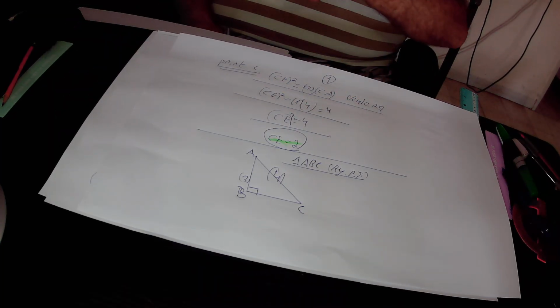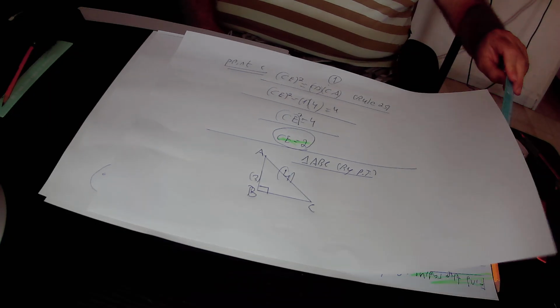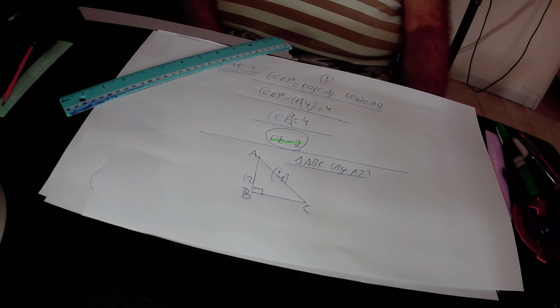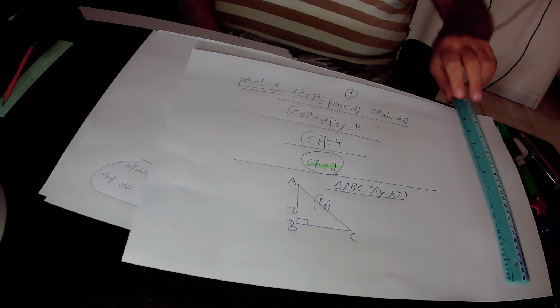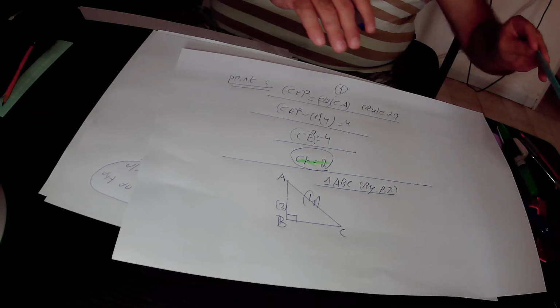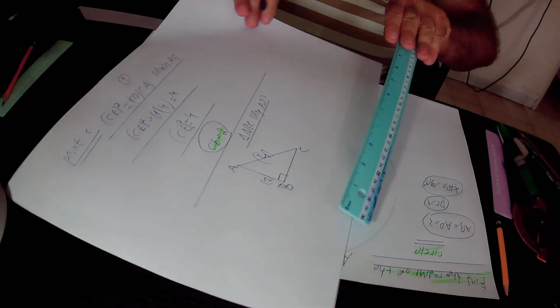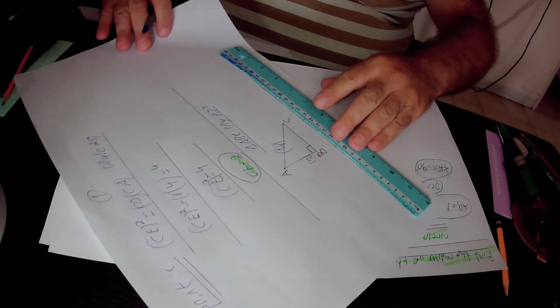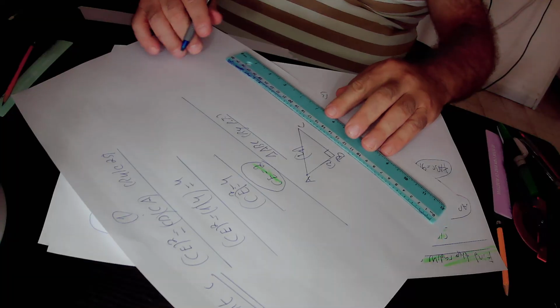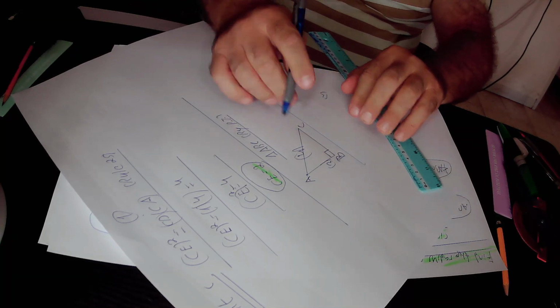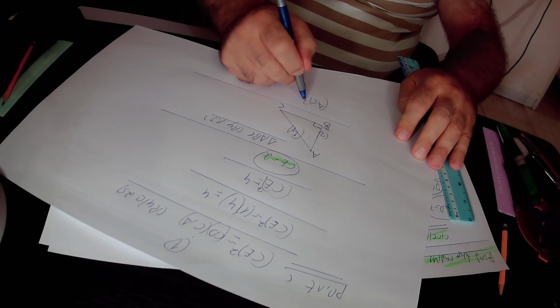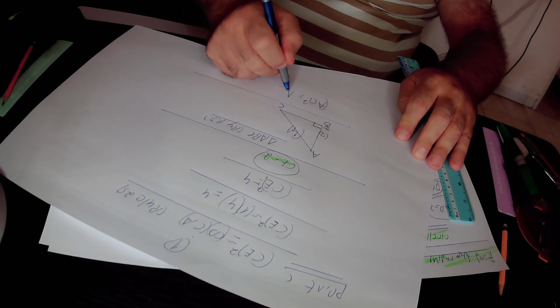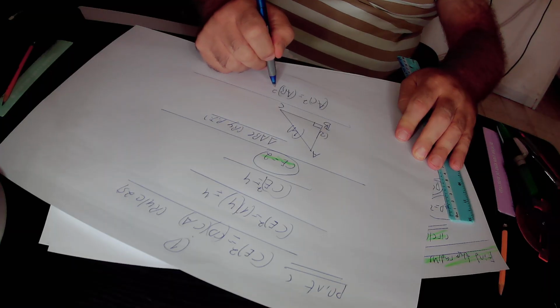So this is the right triangle ABC. According to the Pythagoras theorem, AC squared, that is the square of the hypotenuse, equals to AB squared plus BC squared. So write it down. AC squared, that is the square of the hypotenuse, equals to AB squared plus BC squared.